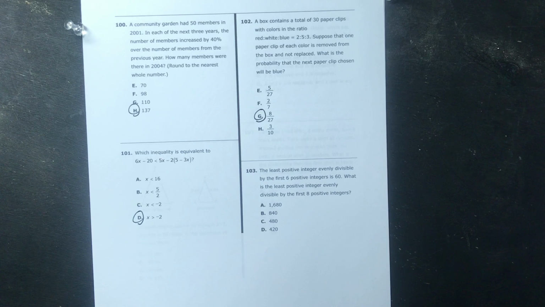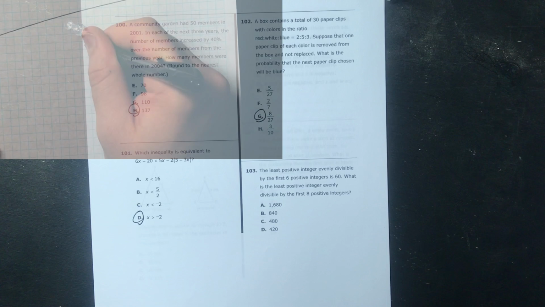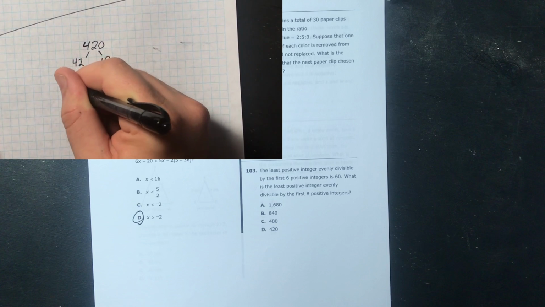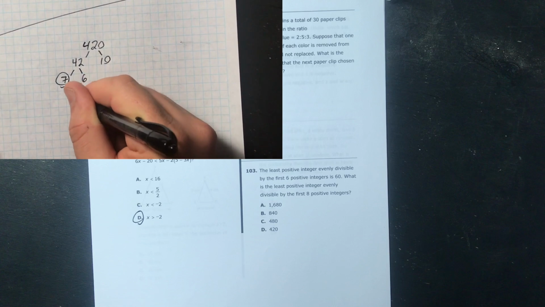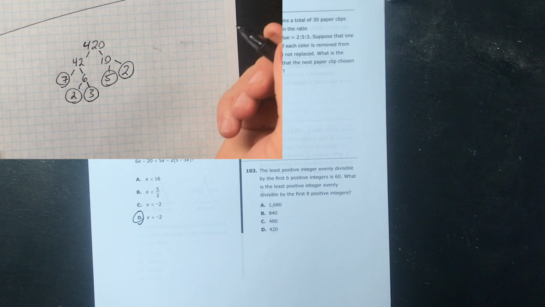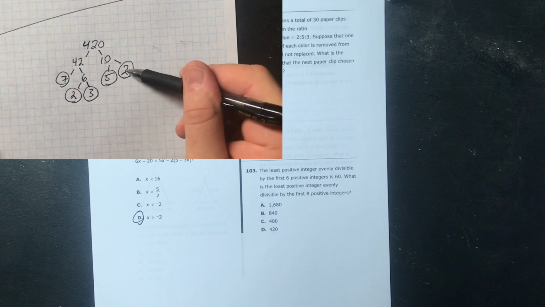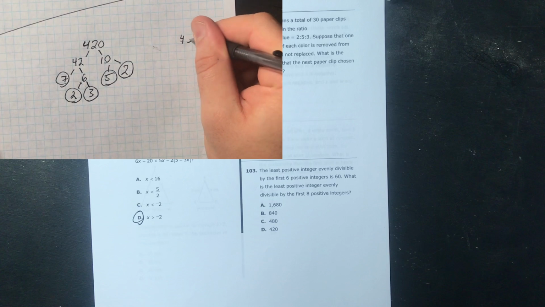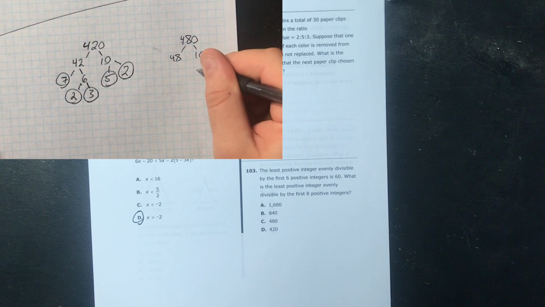The least positive integer evenly divisible by the first 6 positive integers is 60. What is the least positive integer evenly divisible by the first 8 positive integers? So we need to make a lot of factor trees here. For the answer 420, because that's the smallest, we have 7, 2 and 3, 5 and 2. We have 1, 2, 3, 4, 5, 6, 7, no 8 though. So that doesn't have all the first 8 factors because it doesn't have an 8.